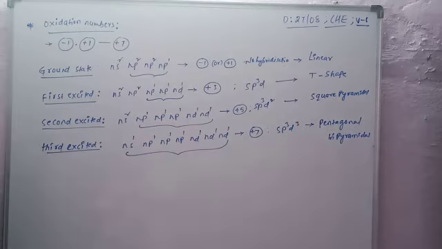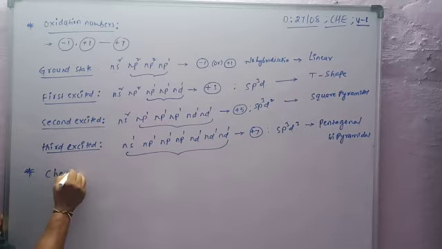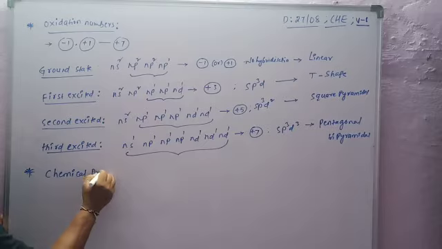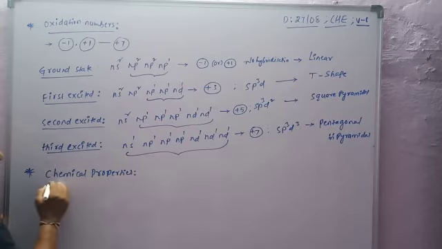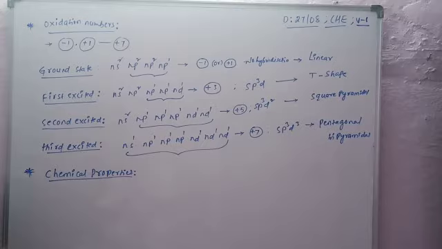After completion of the general properties of halogens, the next one is chemical properties. Halogens have high electronegativity values, so their chemical reactivity is more.